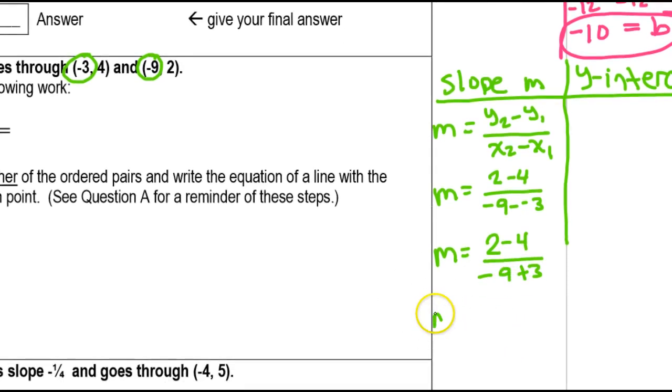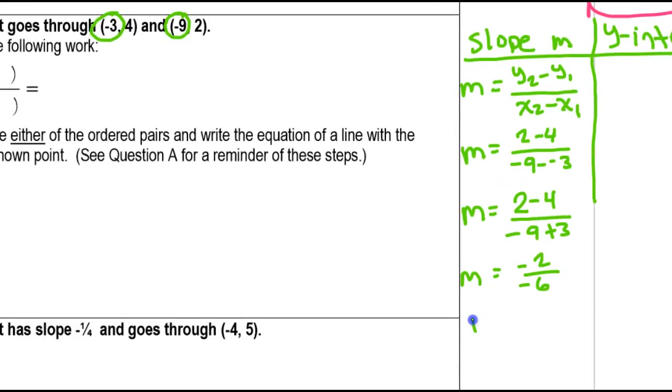So 2 minus 4 is negative 2, and negative 9 plus 3 is negative 6. A negative divided by a negative is a positive, and 2 over 6 reduces down to 1 over 3. So the slope is 1/3.